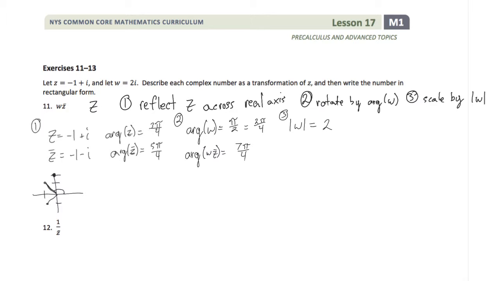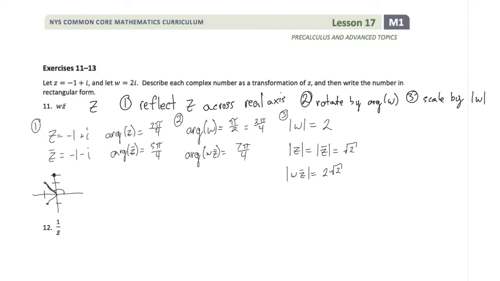Then the modulus of Z, because I'm just reflecting it, is the same as the modulus of Z bar, and that will be the square root of -1 squared plus 1 squared, so root 2. So the modulus of W Z bar equals 2 times root 2, so 2 root 2. We now know this is the argument, this is the modulus.